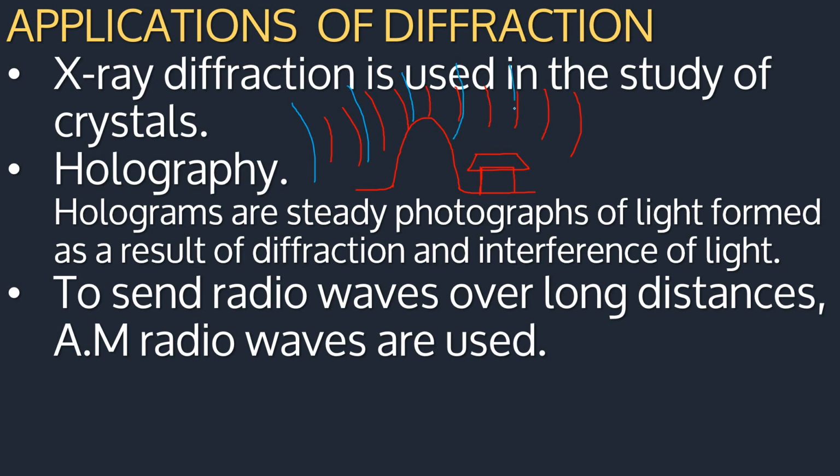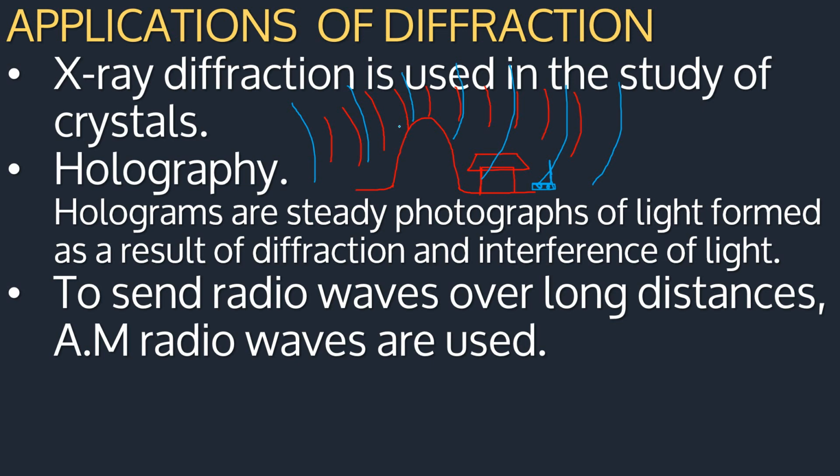So they will be diffracted and they will reach the house here. So if someone has a radio receiver with an aerial, they will be able to receive the AM radio waves and not the FM radio waves.